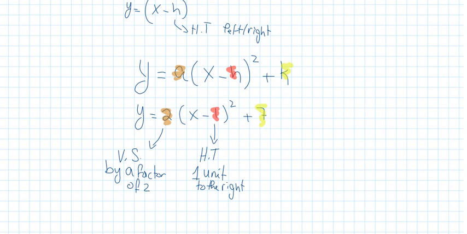Which is what? Vertical translation, 7 units up. So you see, it's not only one or the other. I have all 3 of them.